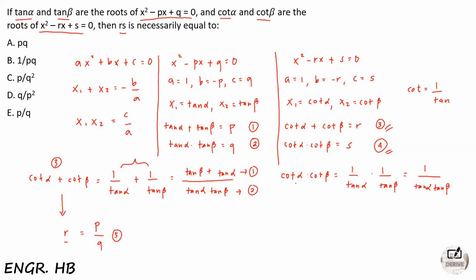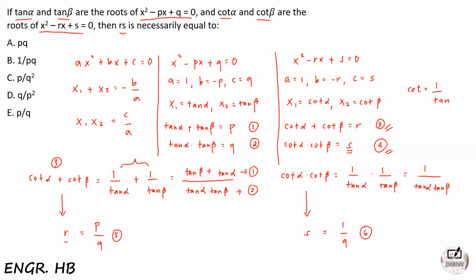This product is represented by s, so s is equivalent to 1 over tangent alpha tangent beta. The denominator, tangent alpha tangent beta, is equivalent to q. So s is equal to 1 over q. That will be our equation 6.